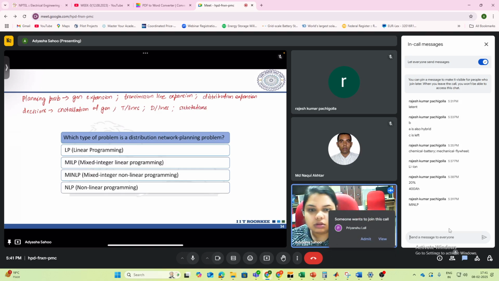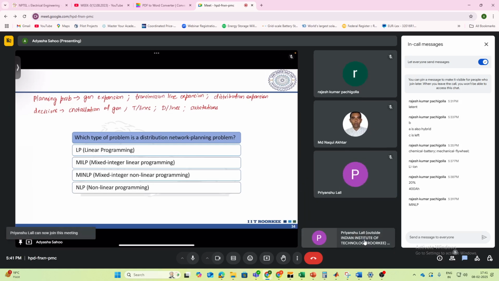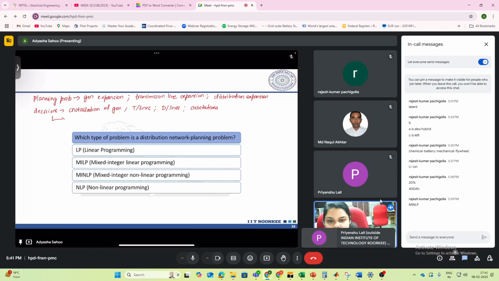So their decisions here we consider is whether to install it or not. So as we saw in the battery optimal sizing and setting problem, that will involve the binary variables. So these decisions binary variables means binary 0 or 1 it can take.